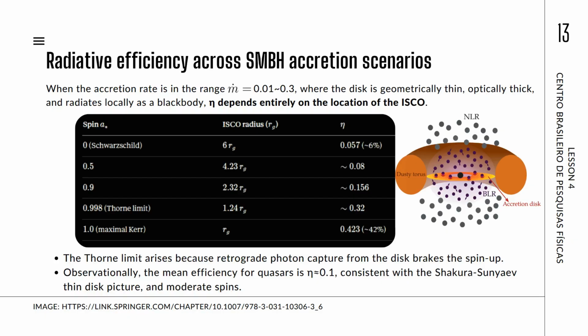This 40% efficiency would be the maximum allowed rotation of a black hole, such that the singularity does not cross the event horizon and is not a naked singularity. This will never happen. There is a third limit, which is caused by photons in the disk being absorbed by the black hole and breaking its rotation.